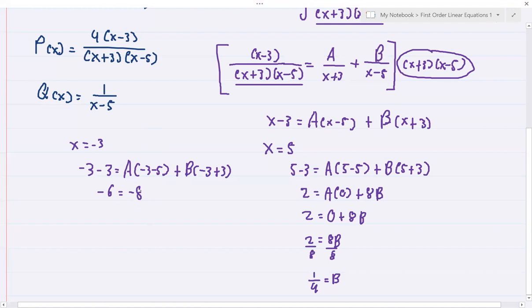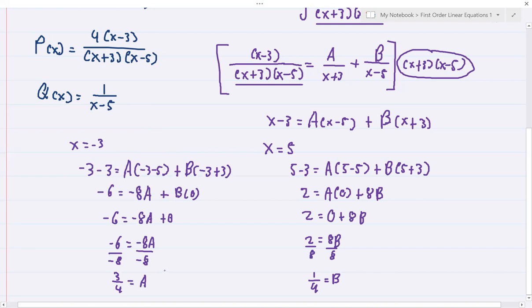Negative 3 plus 3 is 0, so b times 0. So negative 6 is equal to negative 8a plus 0. To get your a, we divide both sides by negative 8. We will have positive 3/4.